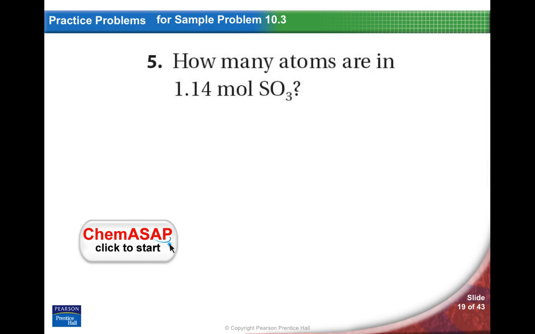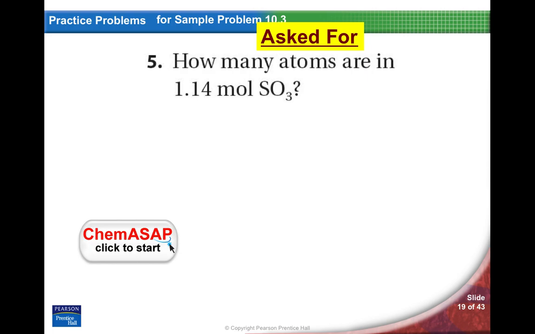How many atoms are in 1.14 moles of SO3? Hopefully some of you realized that SO3 is not an atom, right? It's a molecule. It's got an atom of sulfur and 3 atoms of oxygen. So that means there's 4 atoms in every single one of these, so that's a little bit tricky.